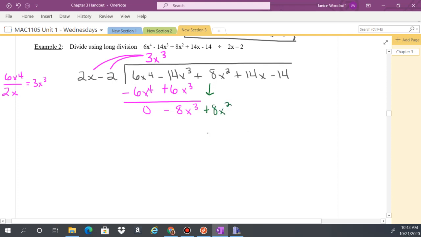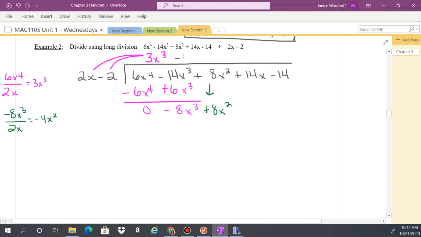And then first term divided by first term again. So now your first term is a negative 8x cubed, and your first term 2x. So there you have negative 8 divided by 2 is negative 4. And x cubed divided by x is going to be 3 minus 1, x squared.